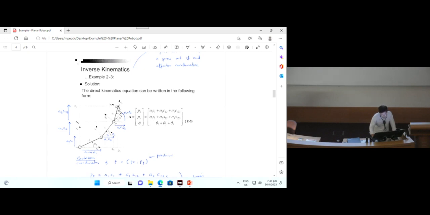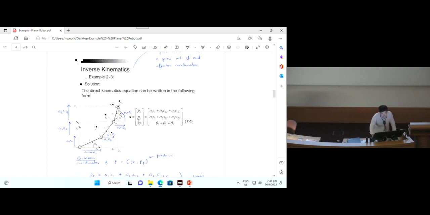If you look at your px itself, it's essentially a1 cosine theta 1, which gives you the value over here, and then a2 cosine of theta 1 plus theta 2, that gives you the distance here. And finally you have a3 cosine of theta 1 plus theta 2 plus theta 3. This gives you your px.